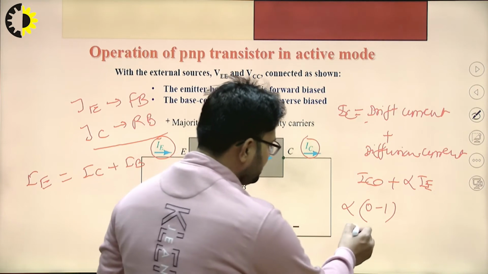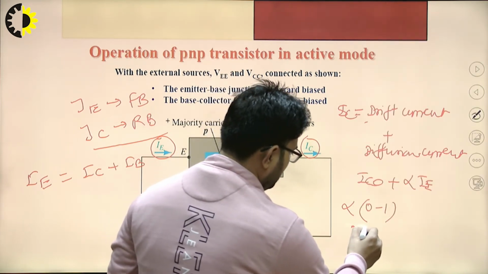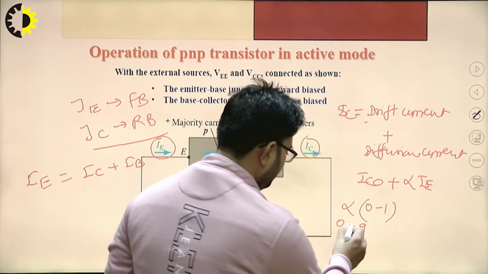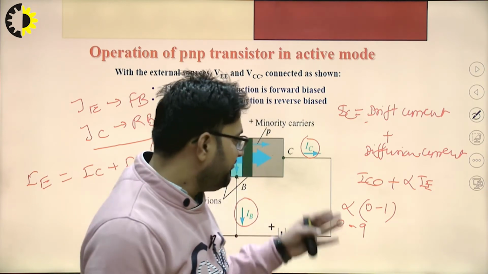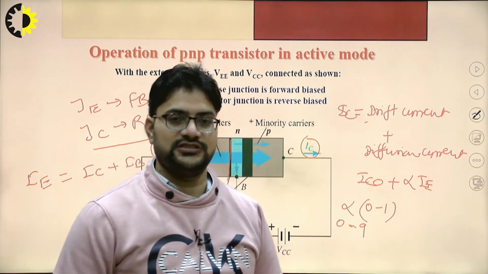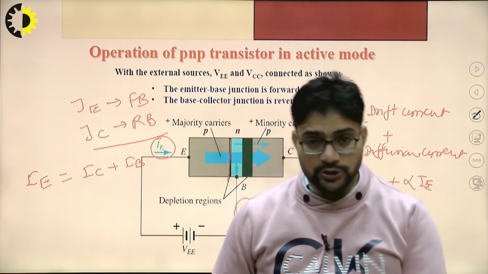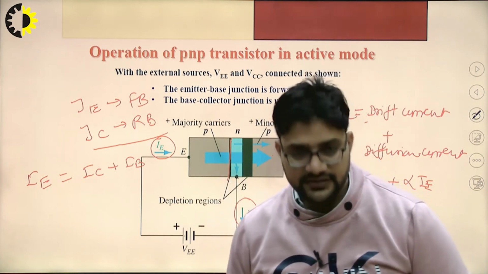Typical value is 0.9. So this alpha value will decide how much is the recombination at the base. This is also a crucial part in the case of this BJT.